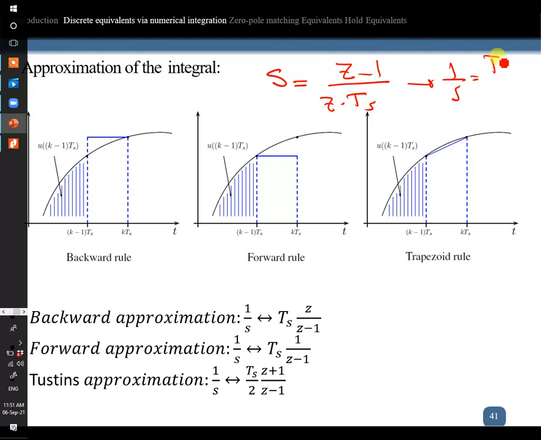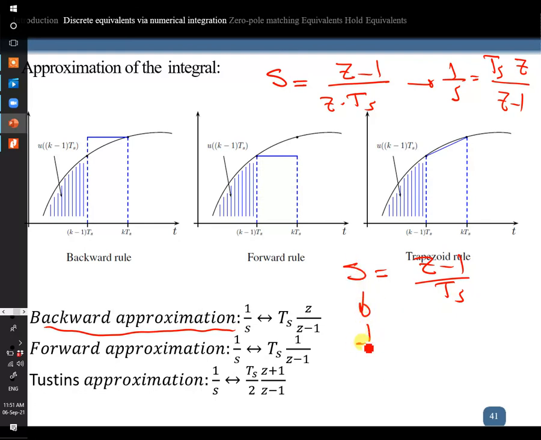It will be Ts z / (z - 1). This is for the backward. In the forward, if you remember, it will be (z - 1) / Ts, and the normal, if you find 1/s, it will be Ts / (z - 1), and the trapezoid will be the same. The name is approximation of the integrations.